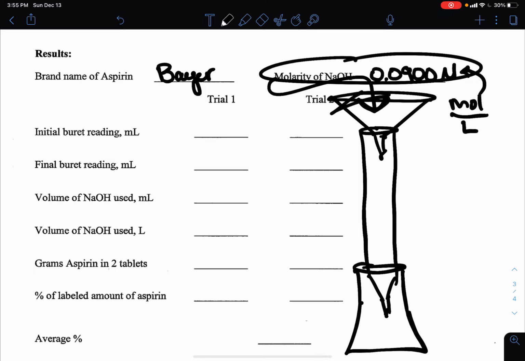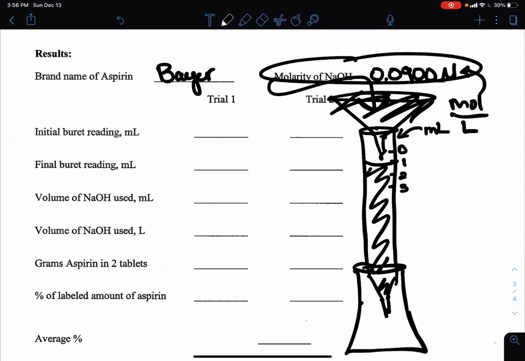Let's pretend the funnel's not there anymore, and we have a meniscus, which does not need to be on 0. Say up here we have 0, and the burette most likely reads in milliliters. Say right here we have 1, and then 2 and 3, etc. We're full up with the base, and we're going to drip it down into the aspirin solution.